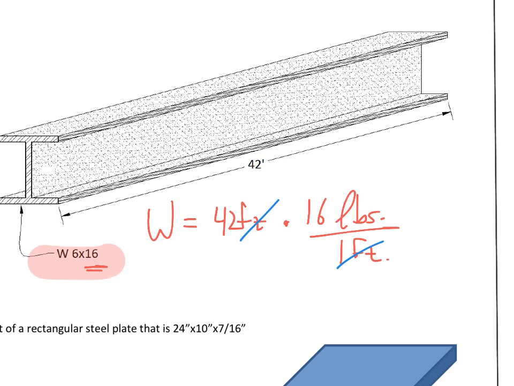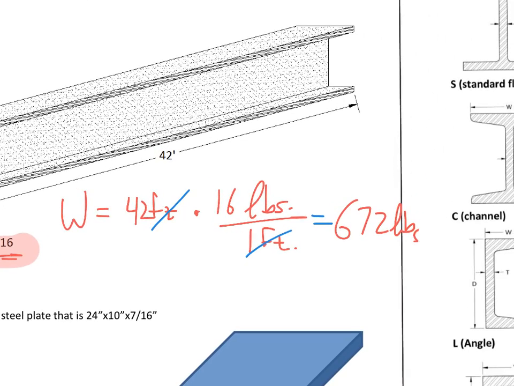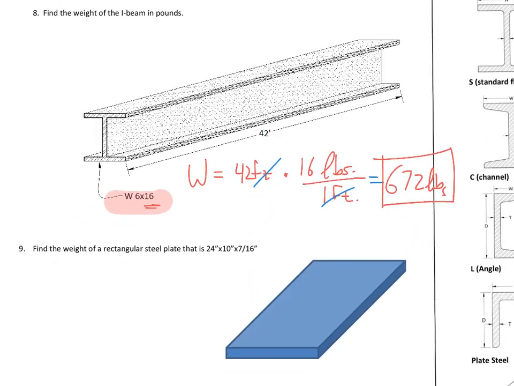And 42 times 16 is 672 pounds, all right? Maybe a little heavy for a couple people to lift, but maybe if we get 3 or 4 people on this, then we can do that. You could probably lift it, I'm sure, but it might be a little bit heavy for me to lift by myself. All right, but that beam is 672 pounds.